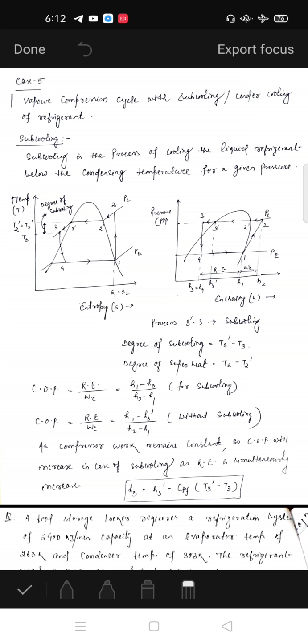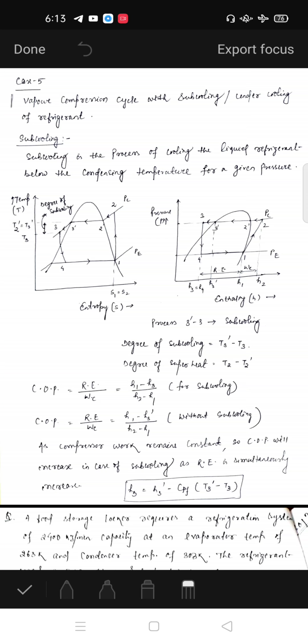Let us suppose you are not doing the subcooling, means you stop your condensation process at point 3 dash, then you have to pass the refrigerant through the expansion device, means the line will be 3 dash to this 4 dash point. Okay, means your refrigeration effect will be decreased for the given fixed compressor process.